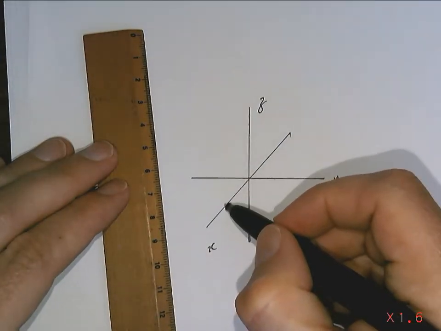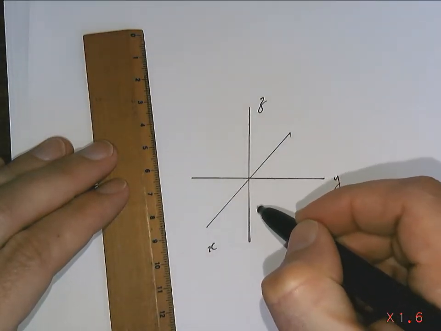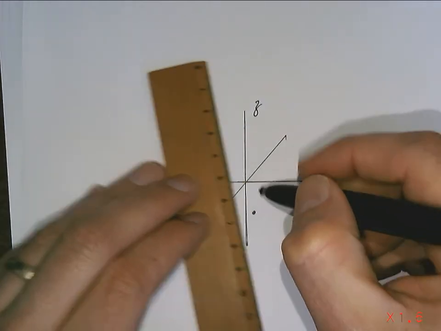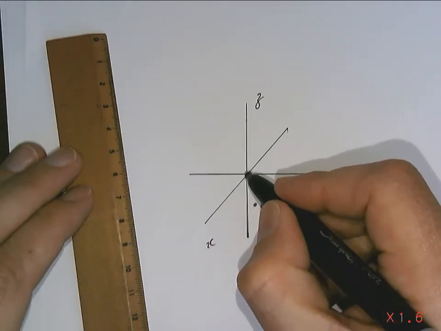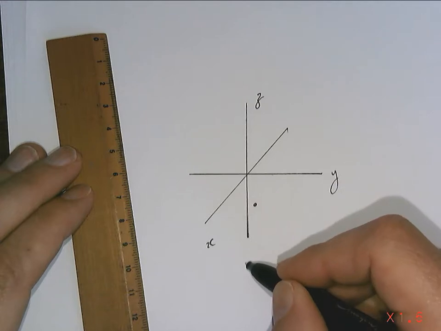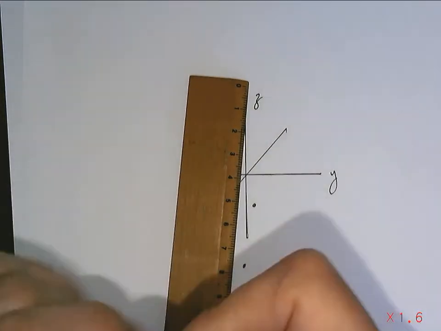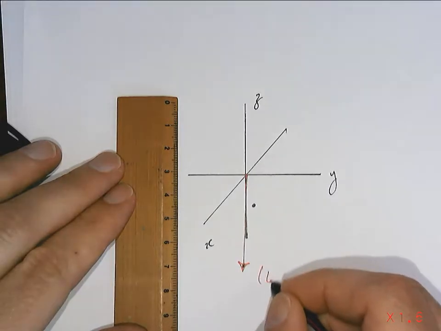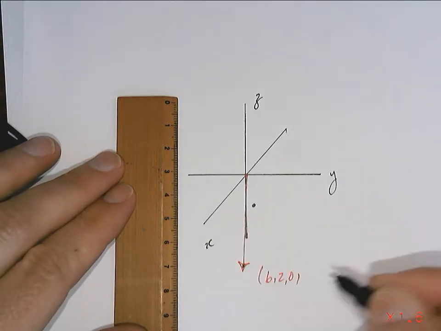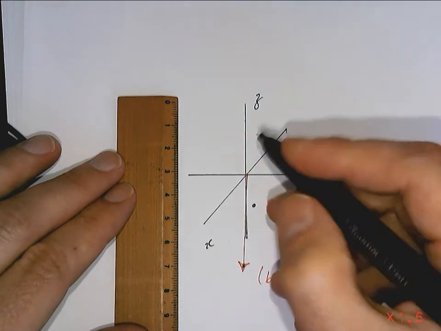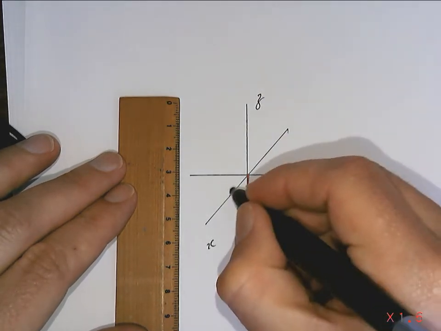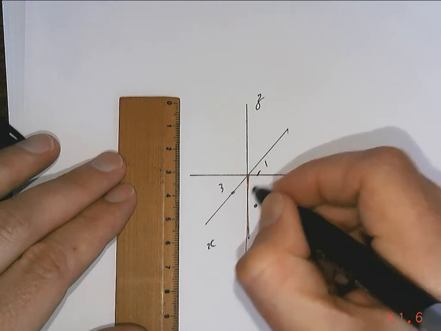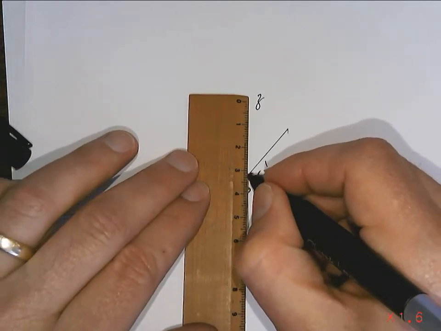So 6, 2, 0 is, let's call it here. Let's make 6 bigger, okay? Do we agree? 6 will be out here, over by 2. That's probably better. So this will be 6, 2, 0, whereas 6, 3, 1 would be here, 3, 1, 0.